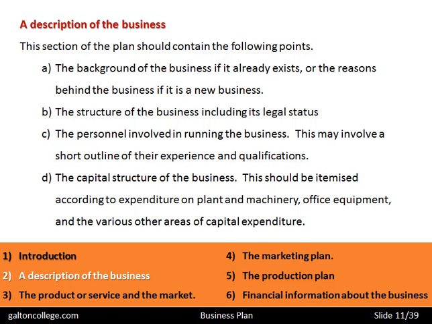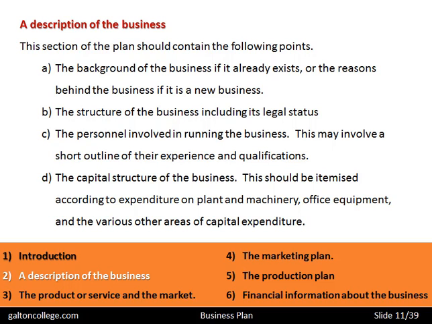And if it's a new venture and it's proposed to allocate sums according to particular functions, then justify the sums. Why does the marketing department need that much, and why does the accounts department need that much, and why does the chief executive's office need that much?